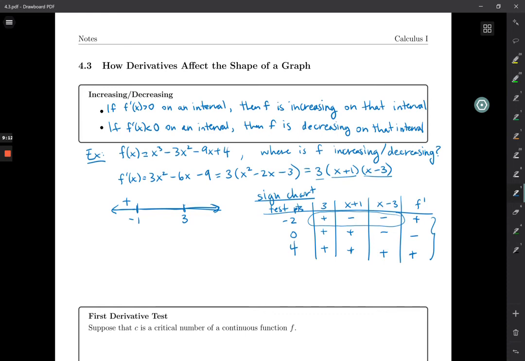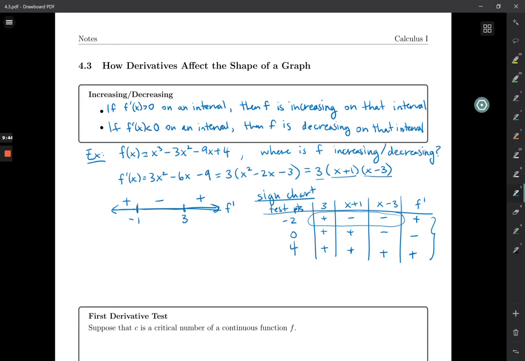And then on the next piece, on the interval from minus 1 to 3, we got that f prime was negative there, so we'll put a negative sign over that interval. And then the last one, we got positive. So it goes positive, negative, positive. Okay, I think I got that right. And so this is f prime that we have represented on this number line here.